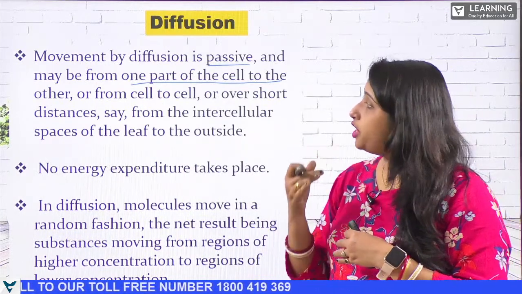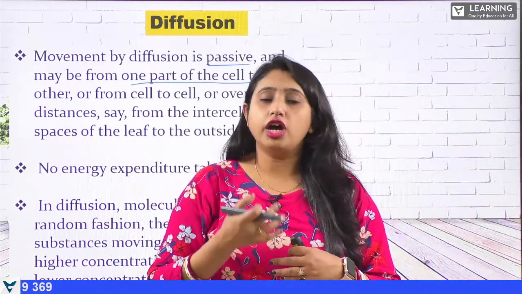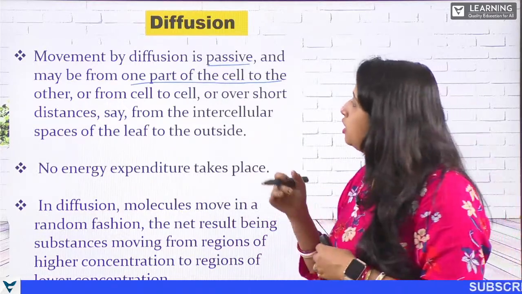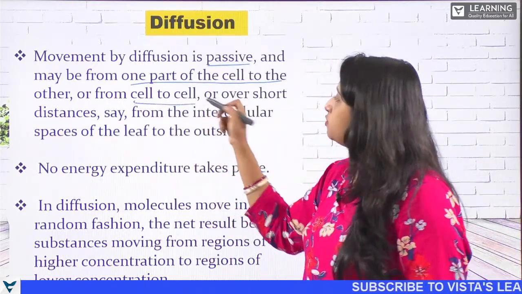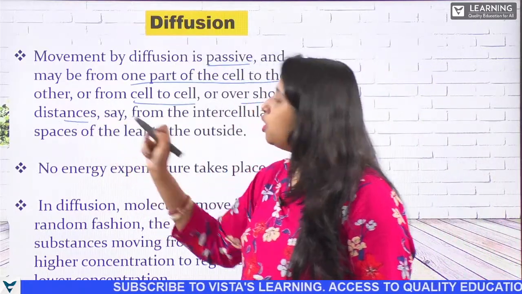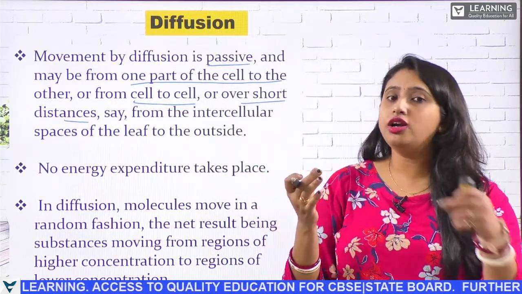Now it is very much essential for the cell to transport the minerals. Diffusion is one of the important processes. It takes place from cell to cell or over short distances also.